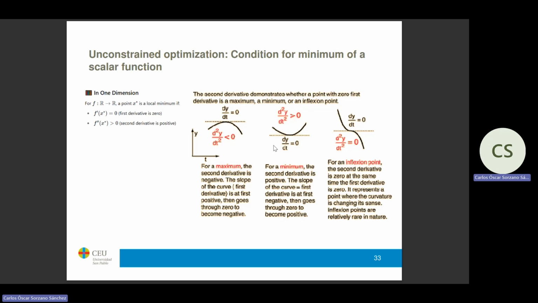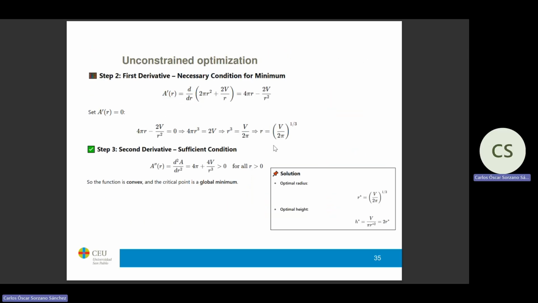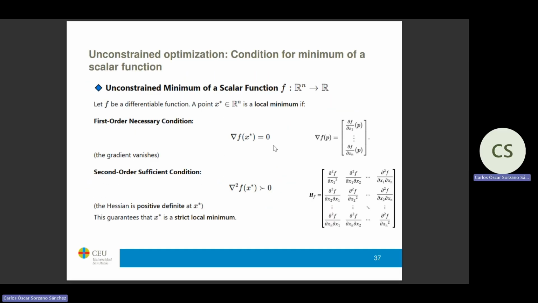You need the second derivative to be larger than zero to be a minimum. So what is the second derivative in a vector valued function? The equivalent of the second derivative is the Hessian. The Hessian is defined in this way, and here you have the two notations for the Hessian.